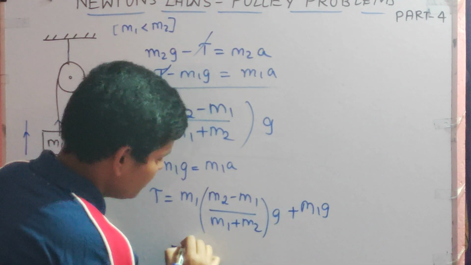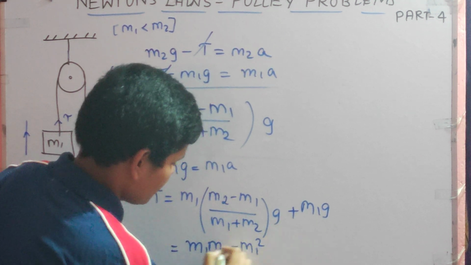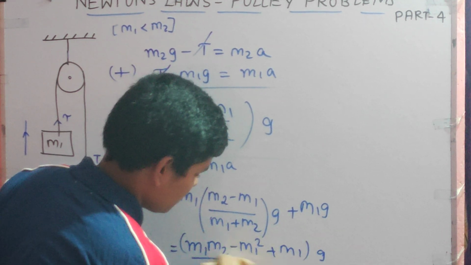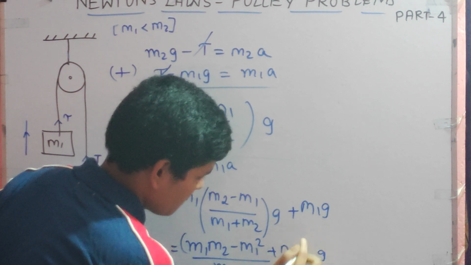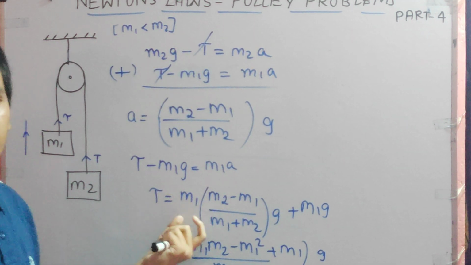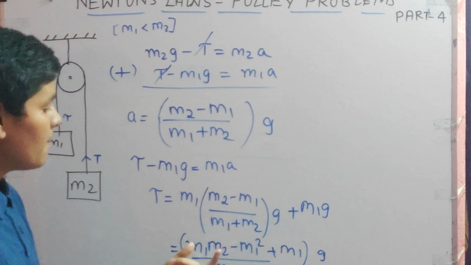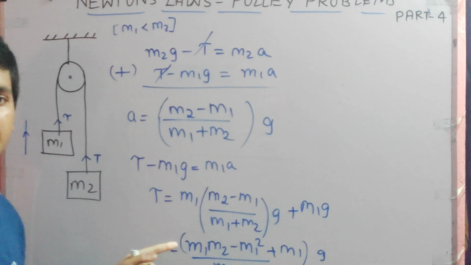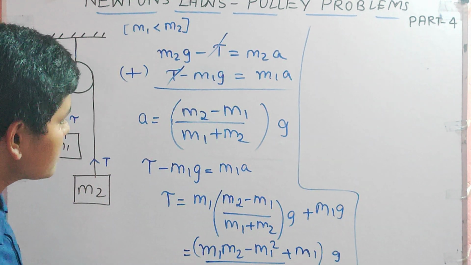Now if you open it, you will get M1 M2 minus M1 square, by M1 plus M2, into G. If you multiply M1 with M2 you get M1 M2, and M1 with M1 gives minus M1 whole square, by M1 plus M2, plus M1G.